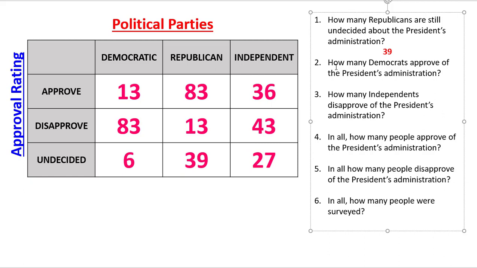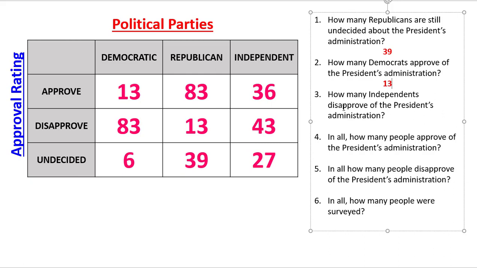Number 2 says, how many Democrats approve of the president's administration? So you will go to the column for Democrat and find the row for approve. There are 13 Democrats who approve of the president's administration. So we would put in 13.